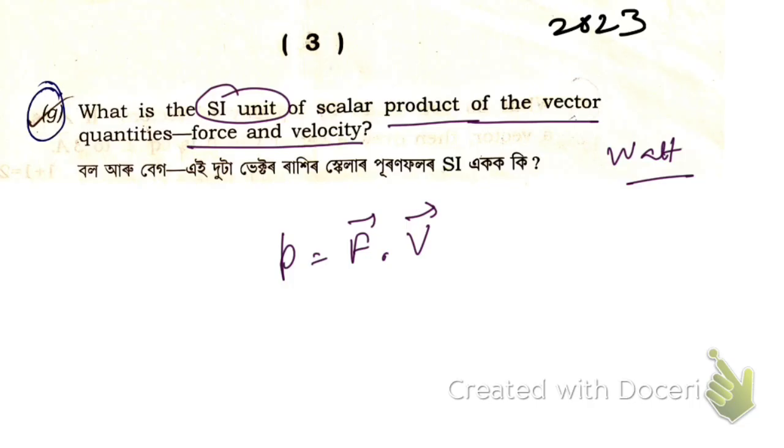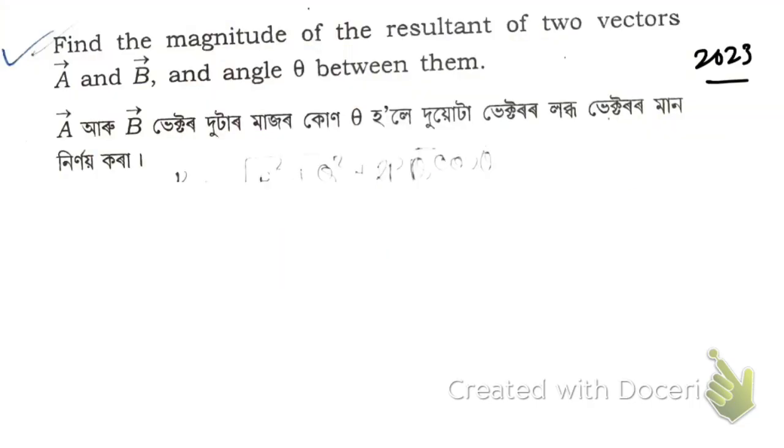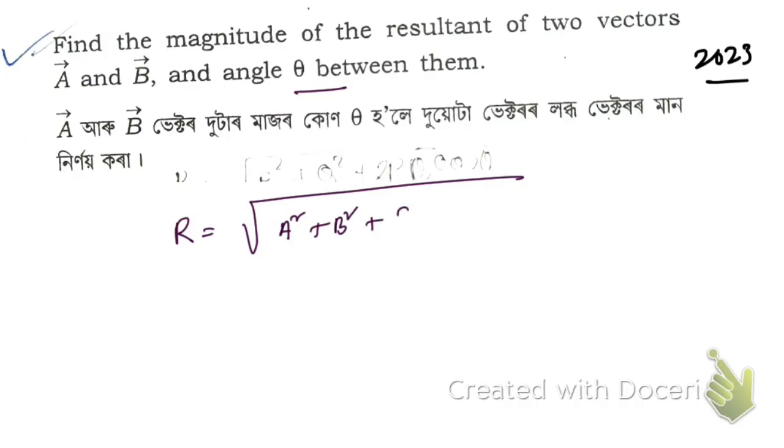Now let's take the next question. The magnitude of the resultant of two vectors A and B, with angle theta between them, will be given by R is equal to root over A square plus B square plus 2AB cos theta.